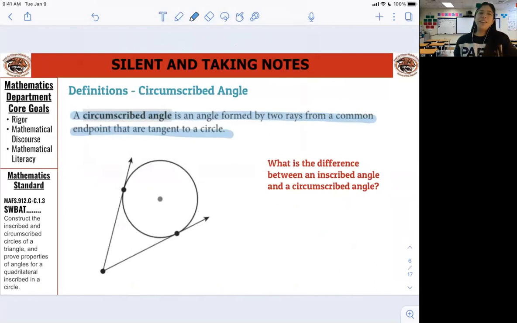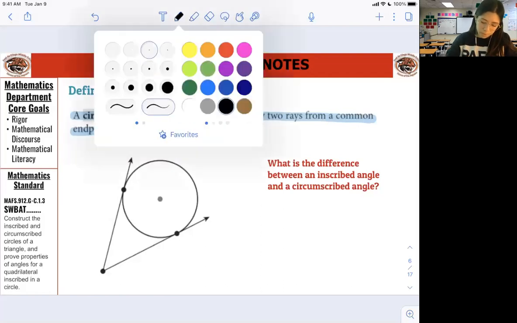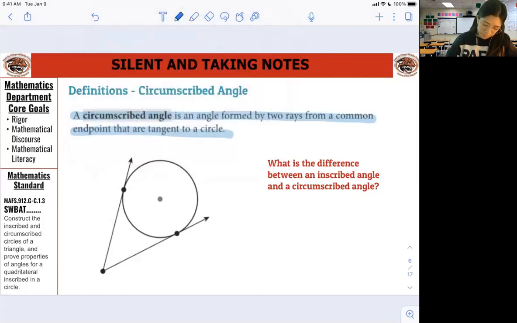Okay. So we've talked about inscribed angles. Now I have a circumscribed angle. And a couple of important parts to this. So go ahead and start copying down the definition and copy down the diagram as well. This is my common endpoint.